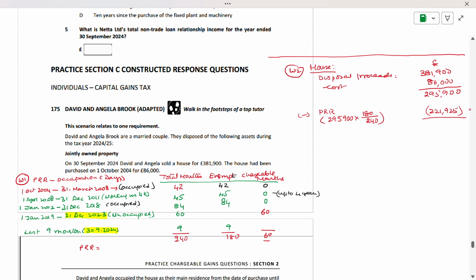It comes to how much? 73,975. Chargeable gain, 73,975. Okay.